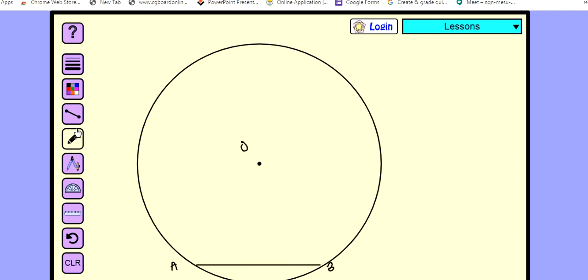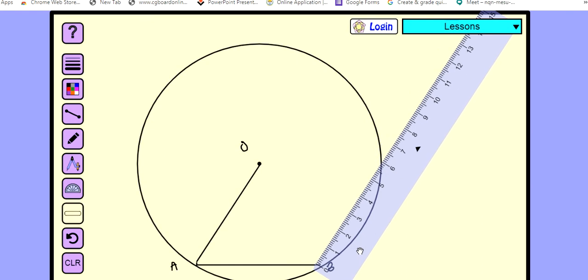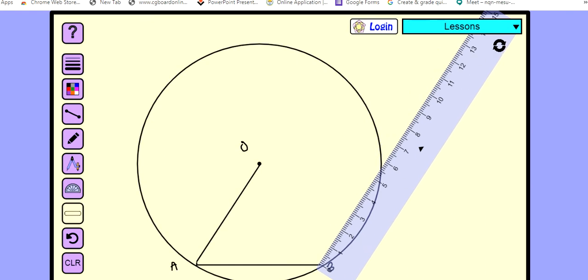Join OA and OB. So simply we will join OA as well as OB.